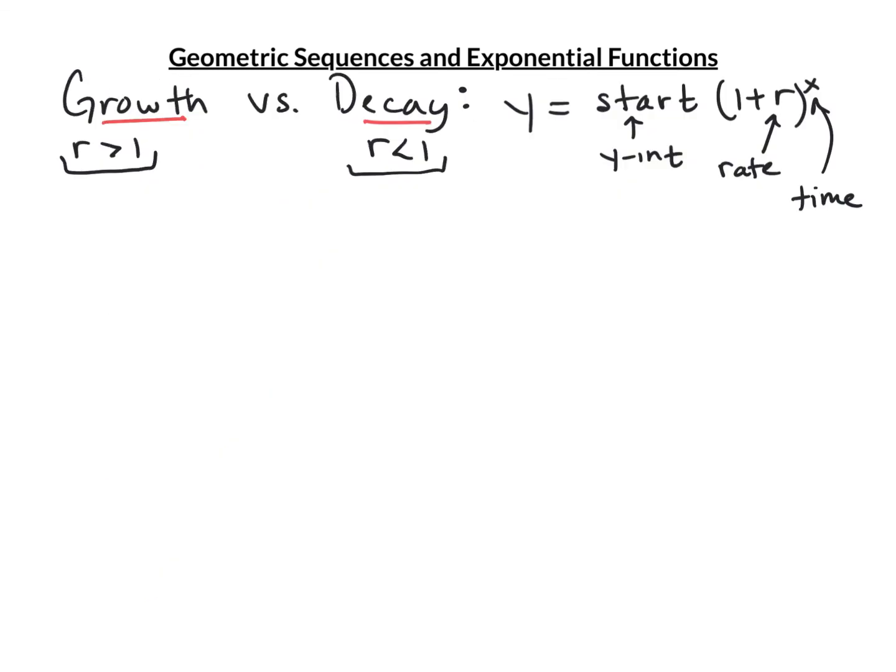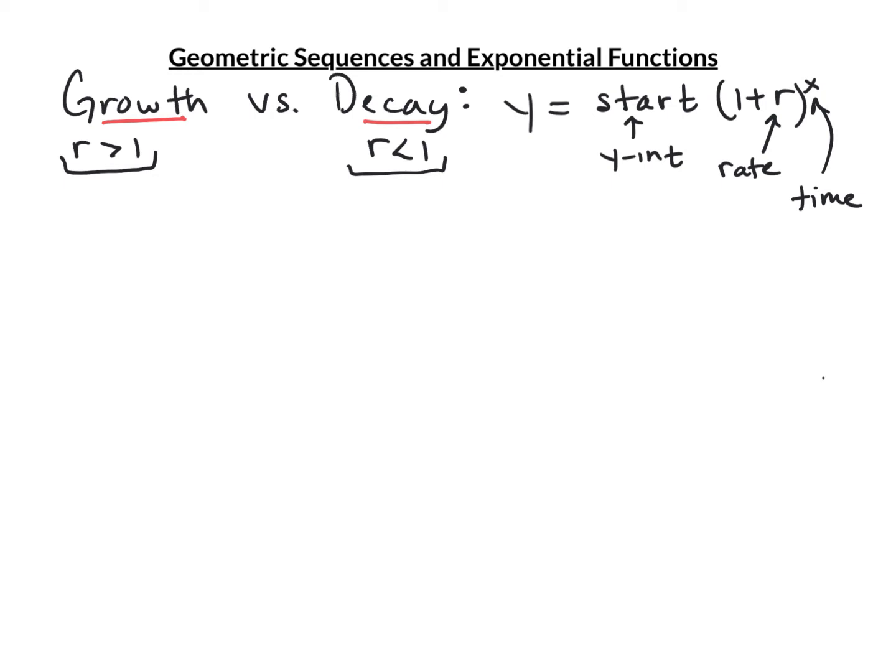Let's take a look at how this will work with a real-world situation. When I apply this equation to the real world, I have to understand that it could either be growth, meaning my numbers are getting bigger, or decay, my numbers are getting smaller. What's the difference then?